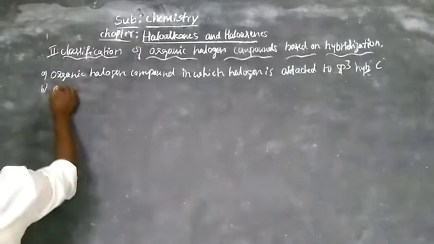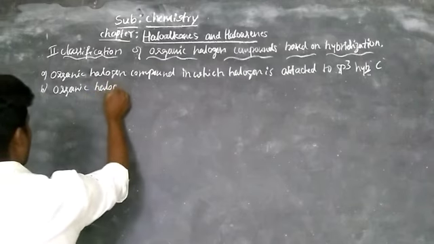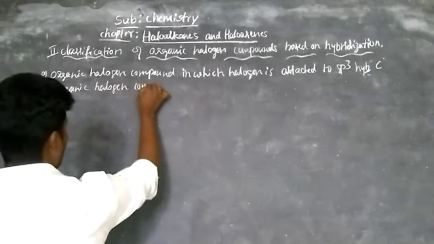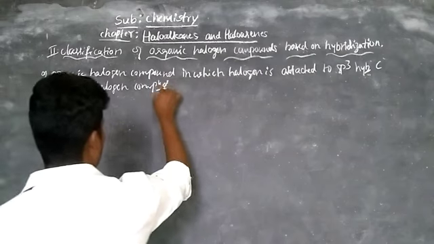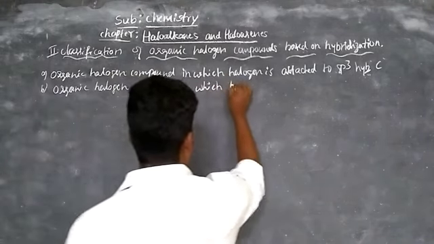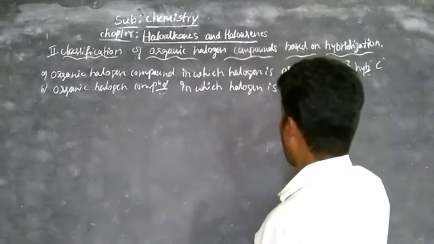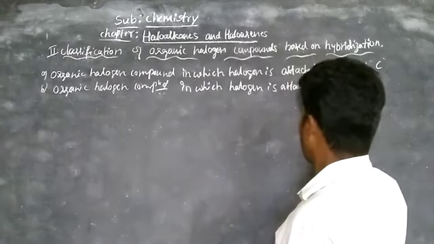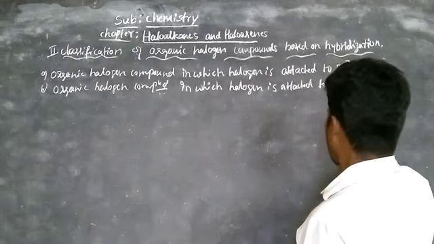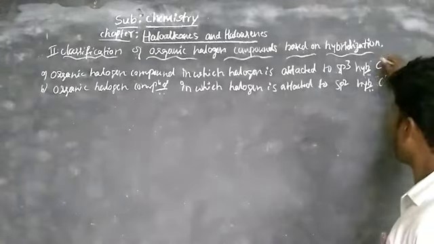And the second one, organic halogen compounds in which the halogen is attached to sp2 hybridized carbon.